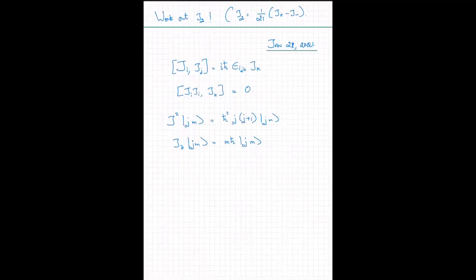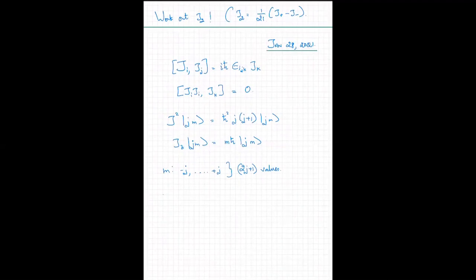And m, we showed, can range from minus j to plus j, totally 2j+1 values, because 0 is also counted. So that's why you have the plus 1. We also showed that m has to be an integer or a half integer, so j has to be an integer or a half integer, right?